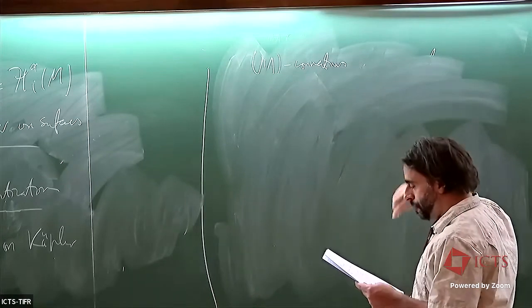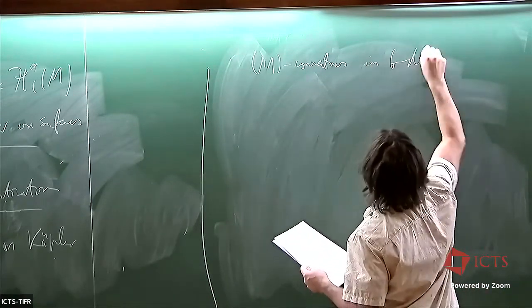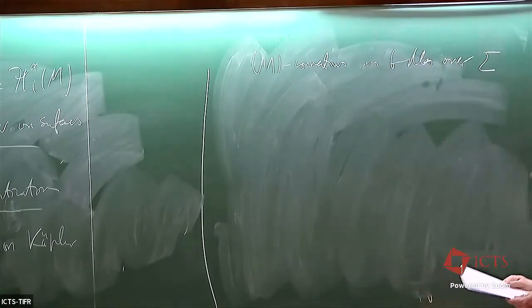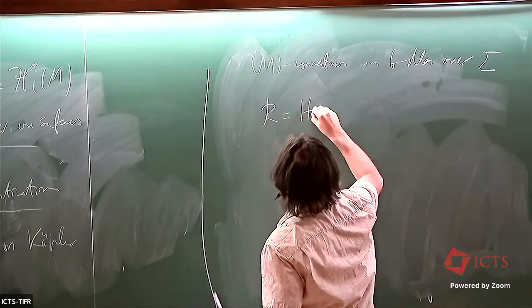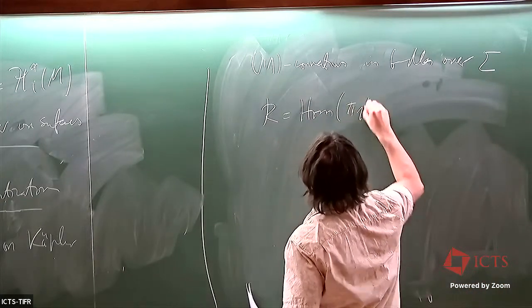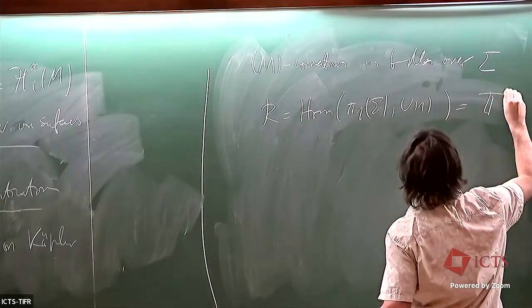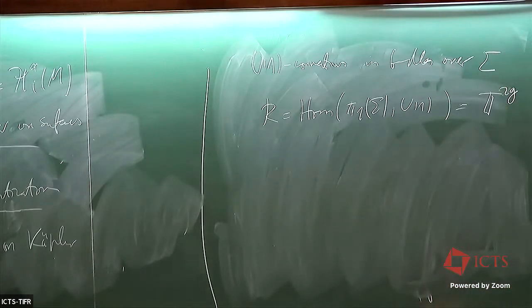Okay, so now we're going to couple U(1) connections in bundles over sigma. There's going to be a space of possible choices, which is the space of homomorphisms from pi_1 to U(1). So this is a torus. So you have a torus of choices. Okay.